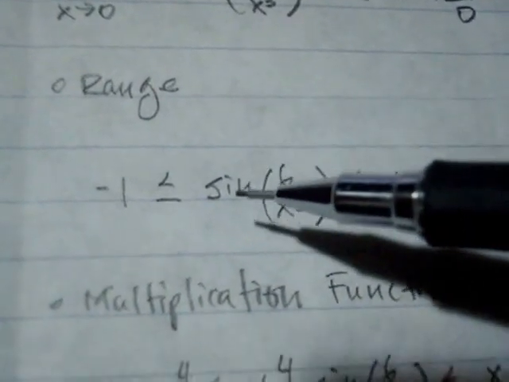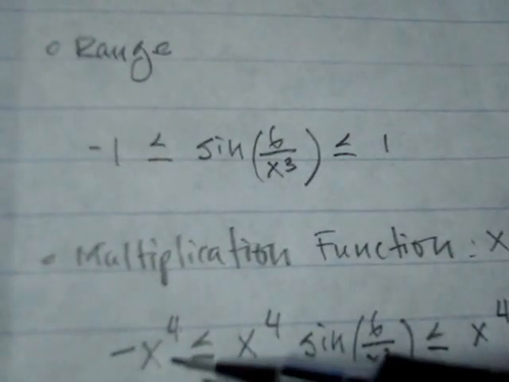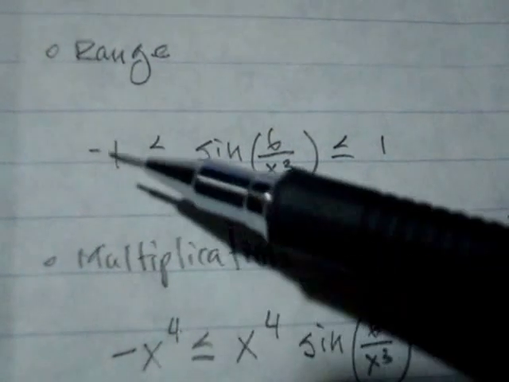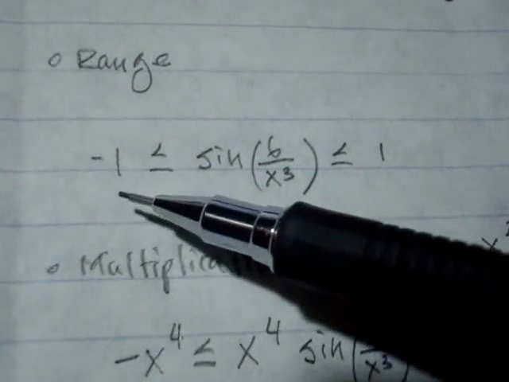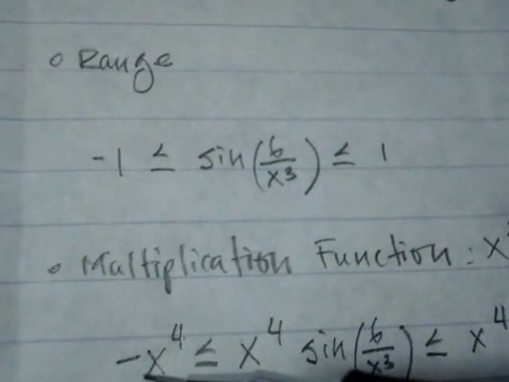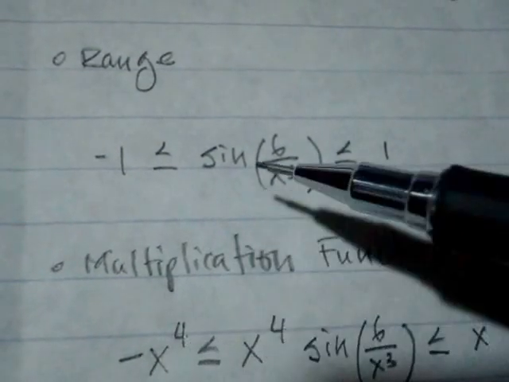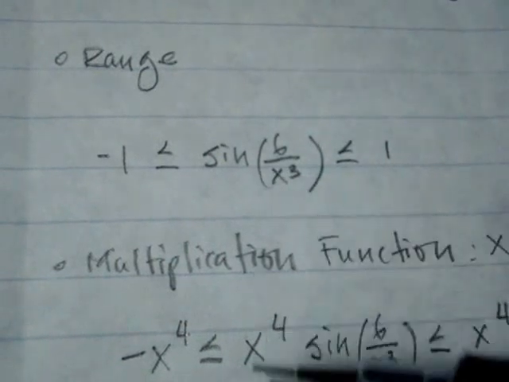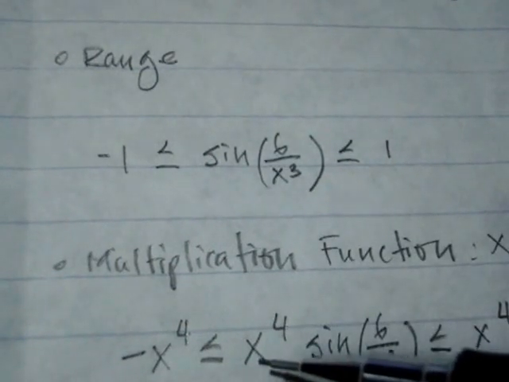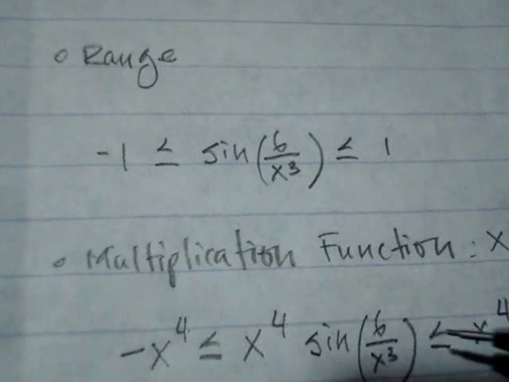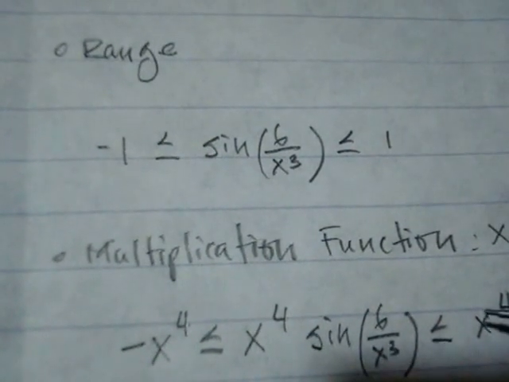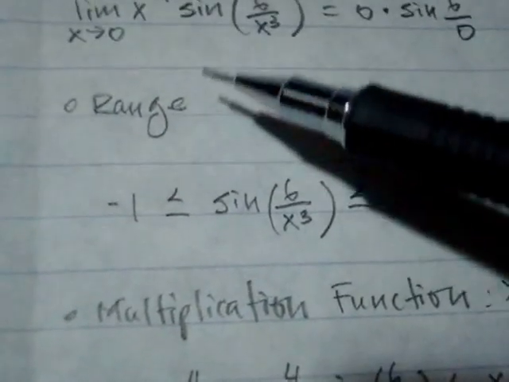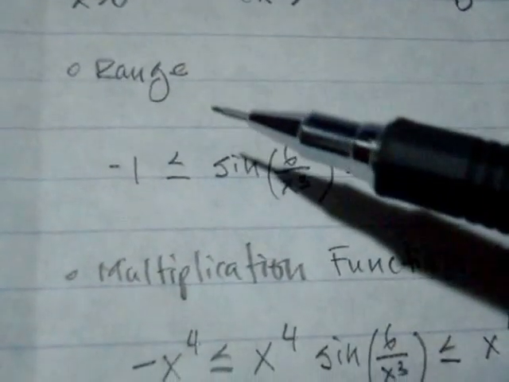So it will be like this. On the left hand side, you times -1 times x to the fourth, so it will become -x to the fourth. For the middle, you times x to the fourth. And for the outer case, you take 1 times x to the fourth from right here.